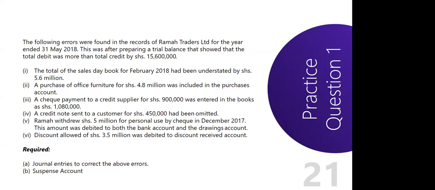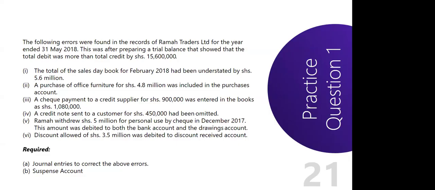The following errors were found in the records of Rama Traders Limited for the year ended 31st May 2018. This was after preparing a trial balance that showed that the total debit was more than the total credit by 15,600,000.